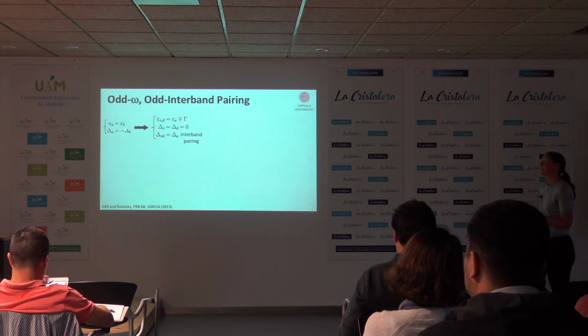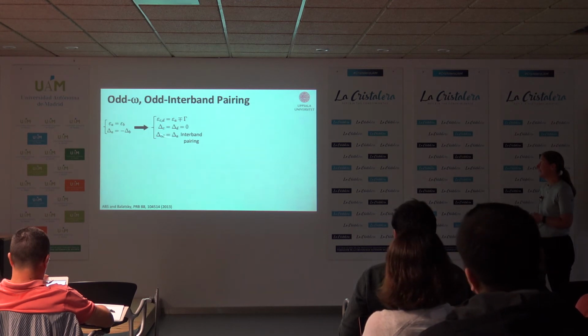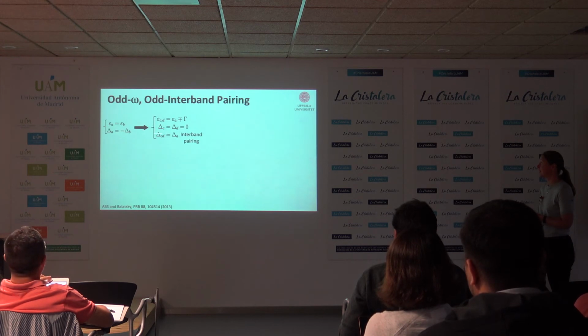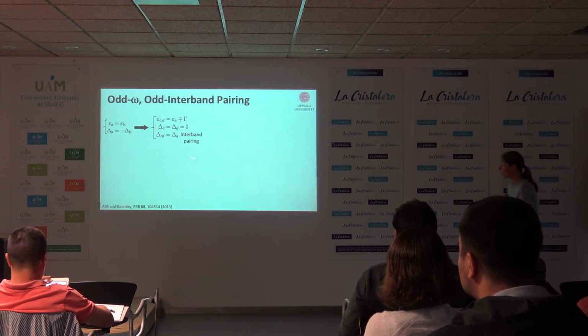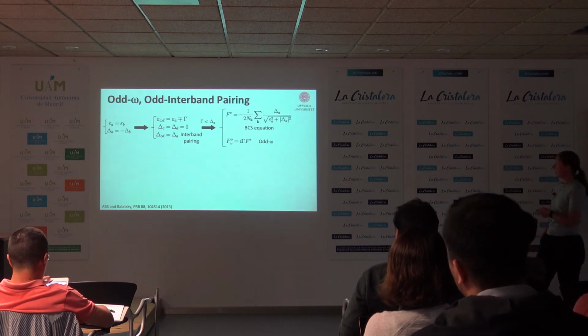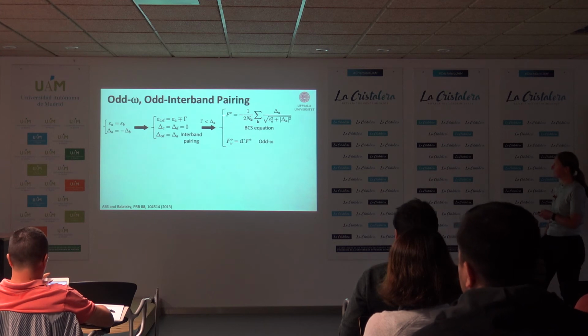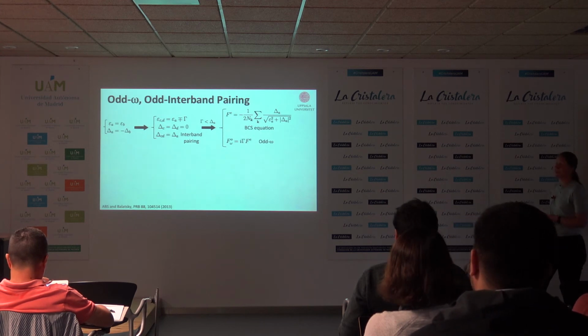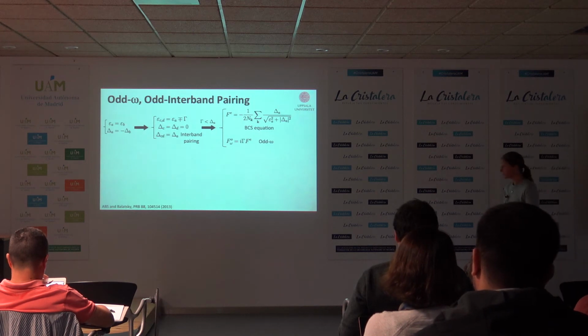I take the same band structure, different order parameters. I rediagonalize, and the reason why I pick these, delta A is minus delta B, is because I only have interband pairing. I diagonalize, I solve, and the even part just gives you the BCS equation, as you would expect. The odd one is actually non-zero, and it is the even one times i gamma.